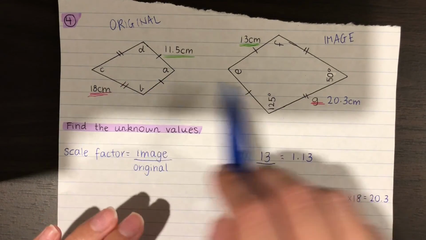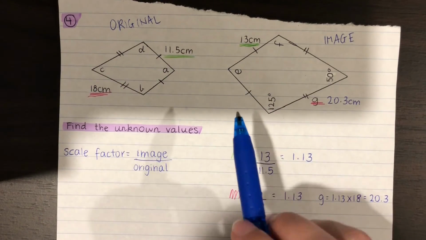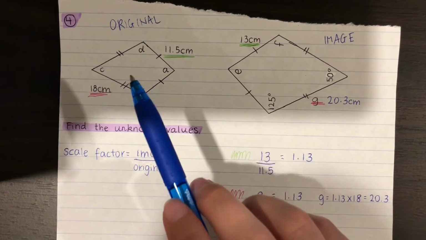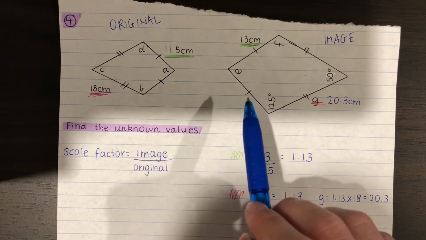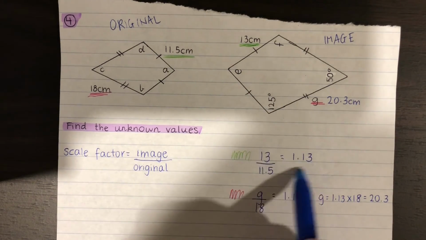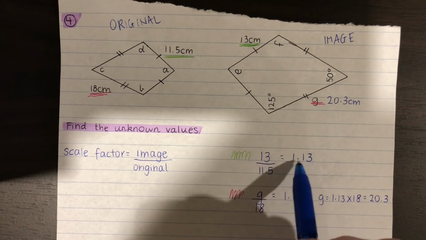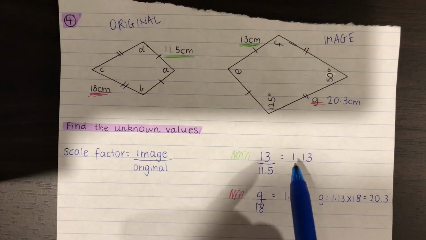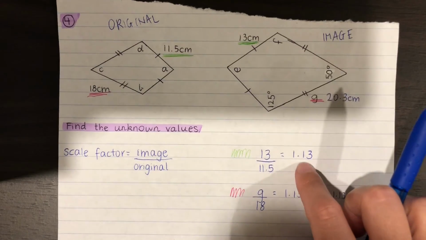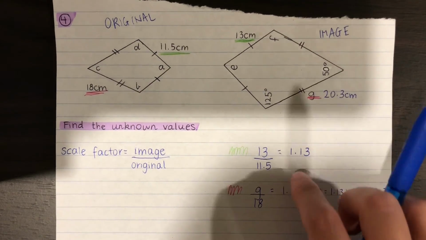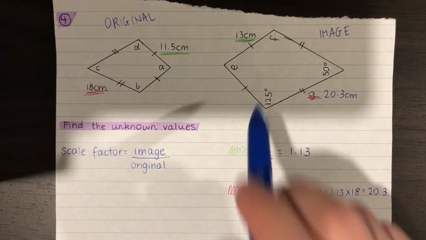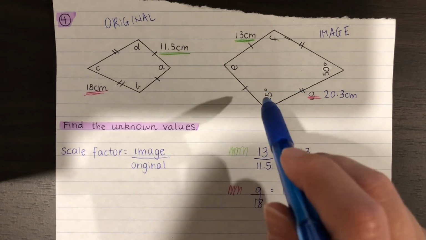Now, what about angles that are on the inside? Just because the image is larger than the original, and you should know that by looking at the scale factor, when the scale factor is bigger than 1, the image is larger than the original. It's grown bigger, so the scale factor is greater than 1, so that makes sense. Even though that's happened, internal angles still remain the same size.